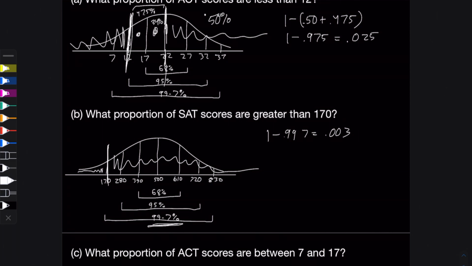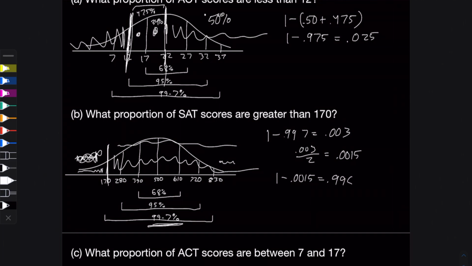So that is both of these tails added together, and then if we divide 0.003 by 2, that gives us 0.0015. So that means this tail over here is going to be 0.0015. So 1 minus that tail gives us everything to the right of that tail, and that is 0.9985.